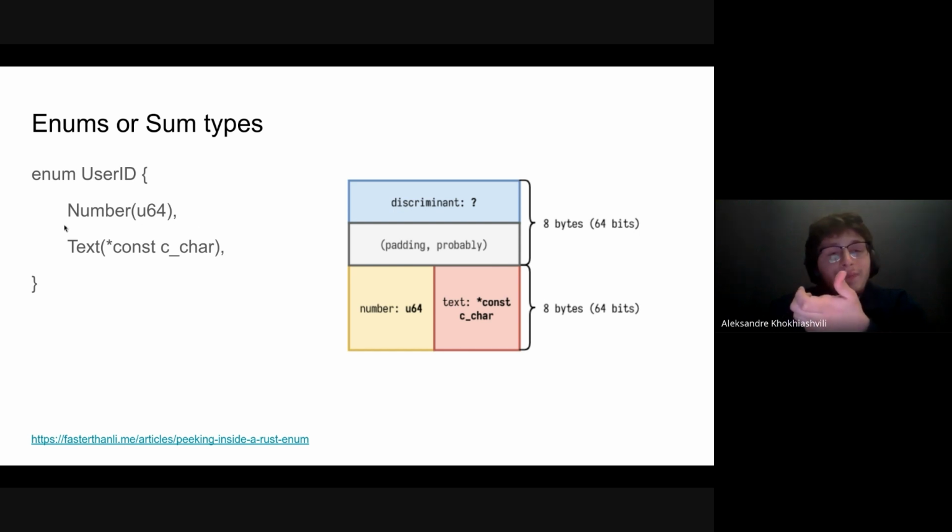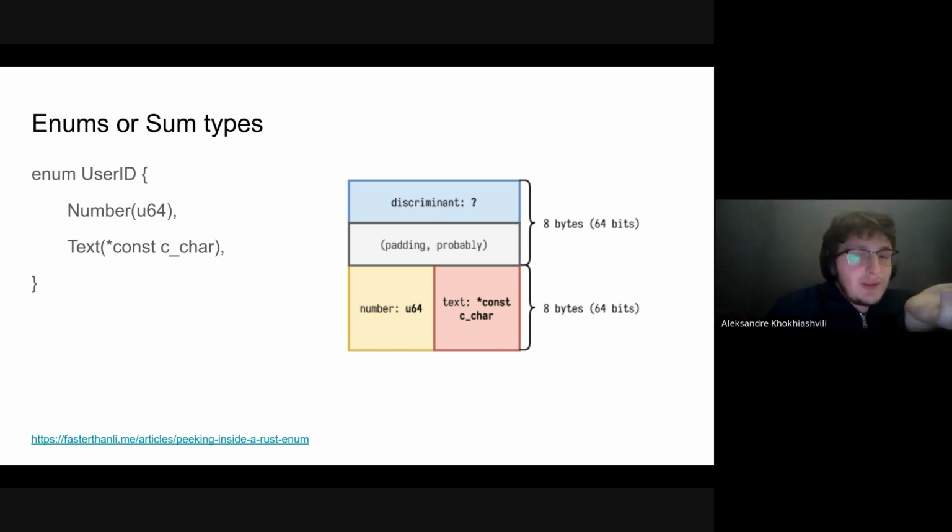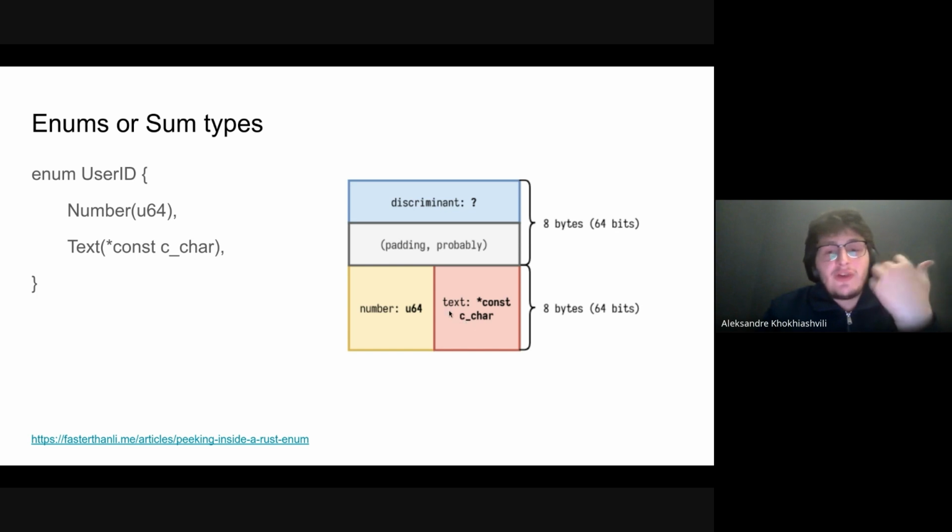So if the user ID was a number, then the discriminant will be 0, and if the user ID was a text variant, then the discriminant would be 1. And depending on the discriminant, the rest of the 8 bytes have to be interpreted either as a number or as text. So this is, of course, a really good feature for Rust, which lots of developers love.